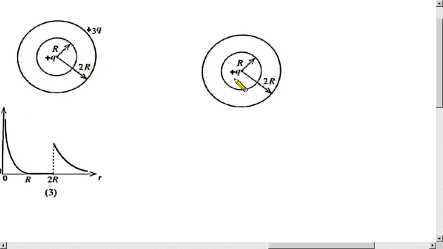So I am going to solve it. So let us forget, as previously, the outer positive 3q charge. So the field lines, force lines, spread like this, not inside the metal.